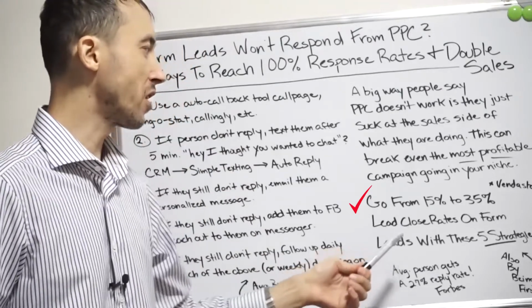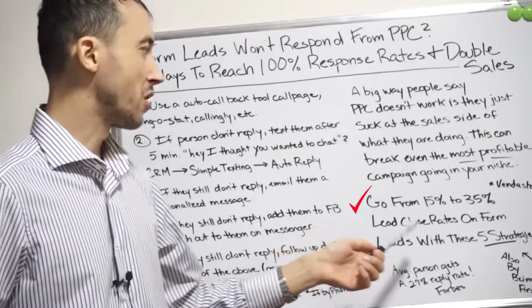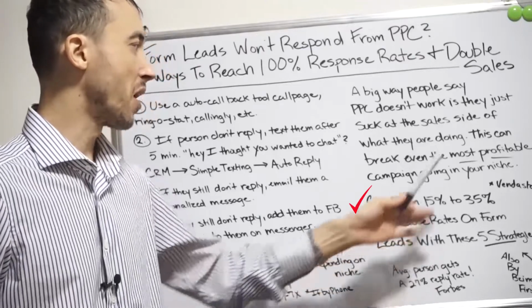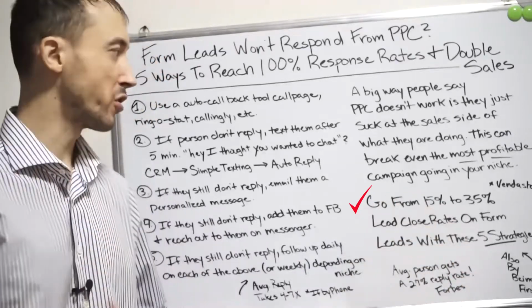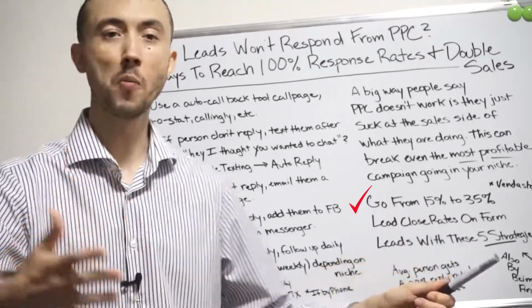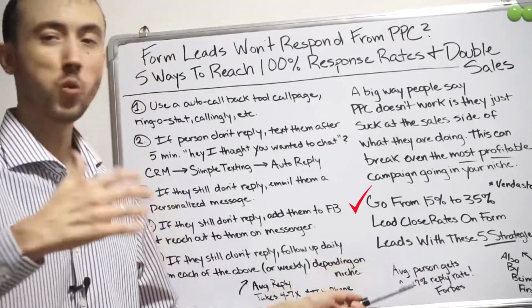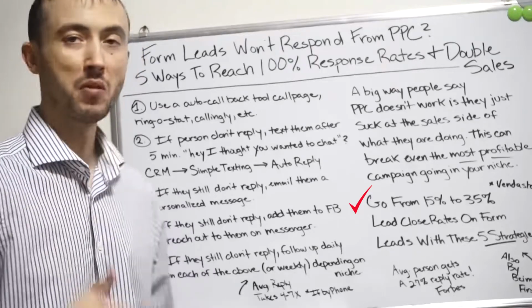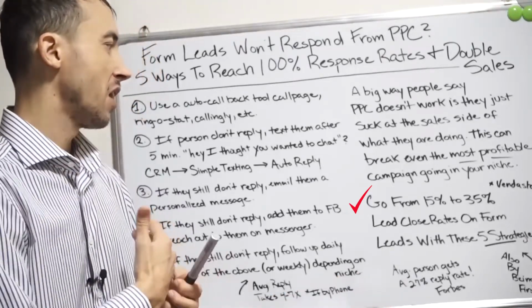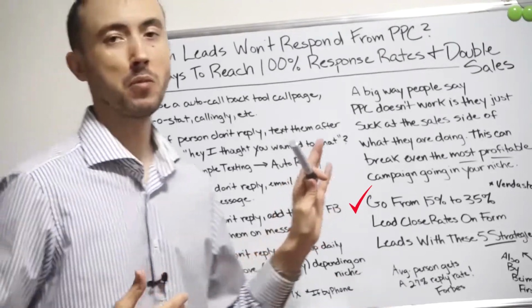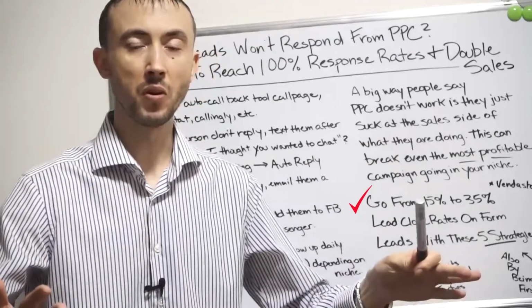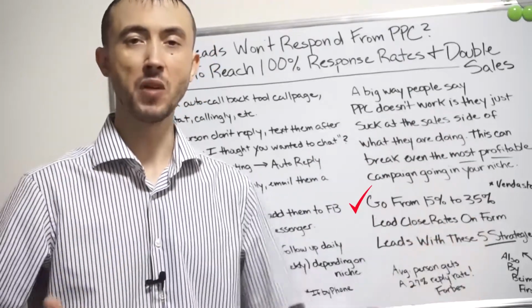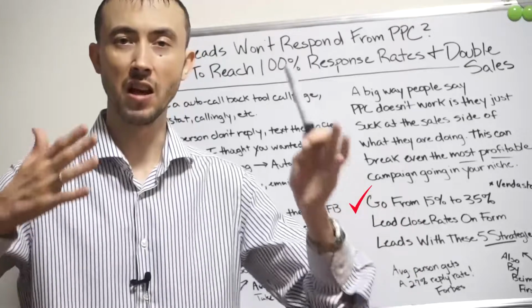Part of the way that you're going to increase your response rates, and therefore your sales, to where you're getting twice or more than twice the sales from the same exact form leads, is because you're obviously going to be able to talk to more people, which gives you more chances.